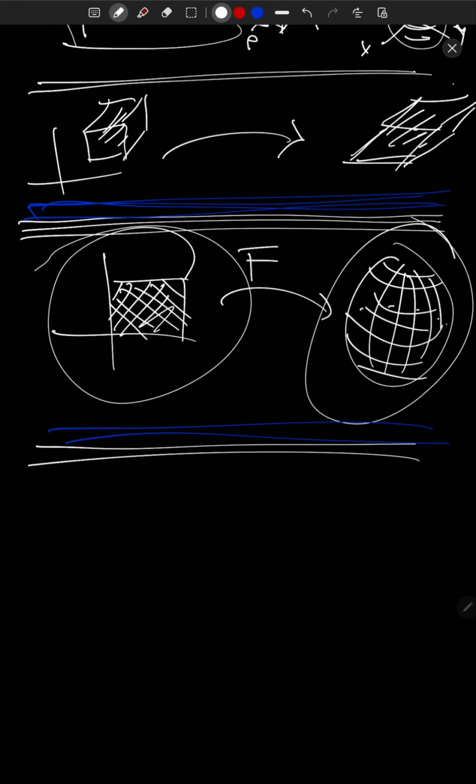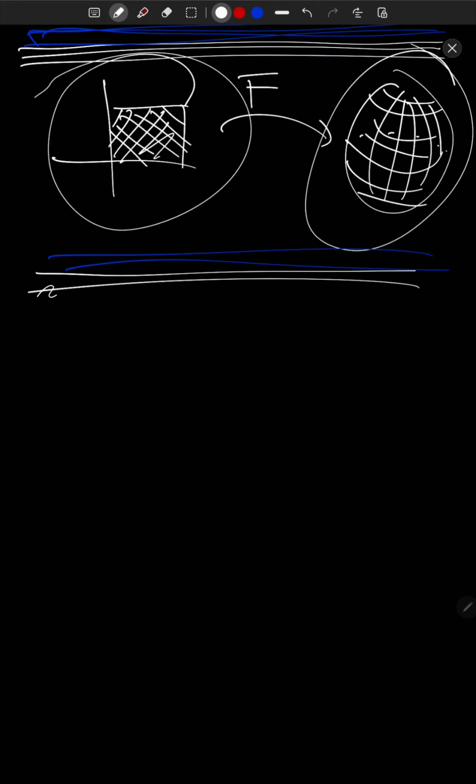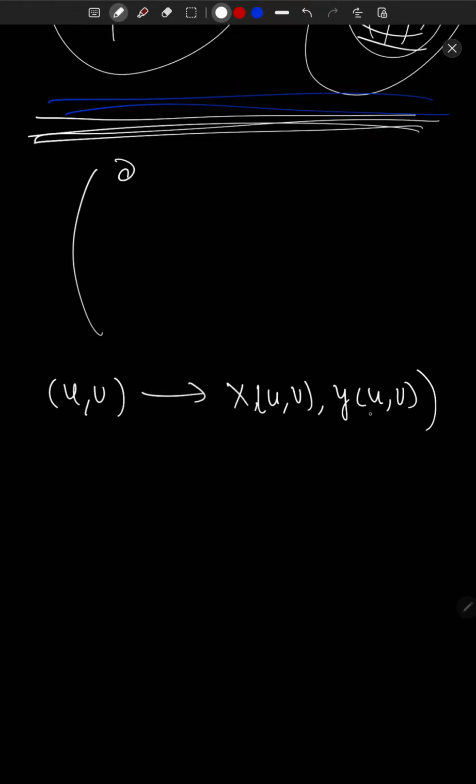enough application. All right, so the last thing I'm going to talk about is what's the deal with this Jacobian matrix, right? So if we had our mapping (u,v) goes to, let me just do the two variable case, (x(u,v), y(u,v)), right?